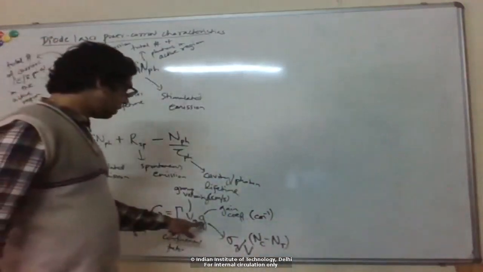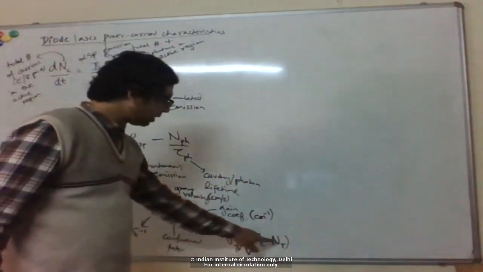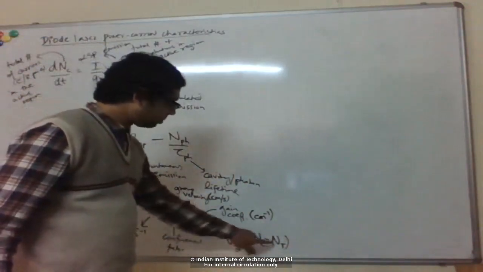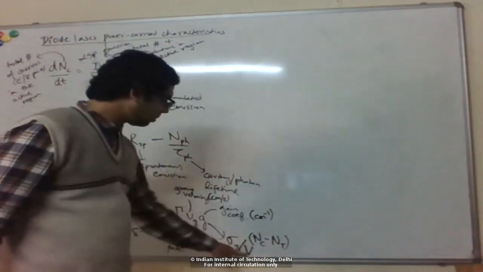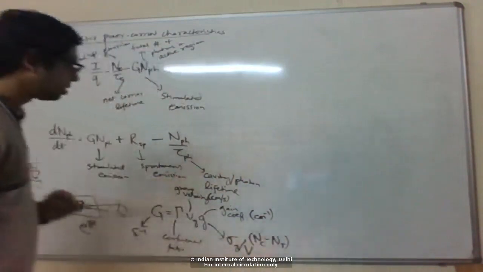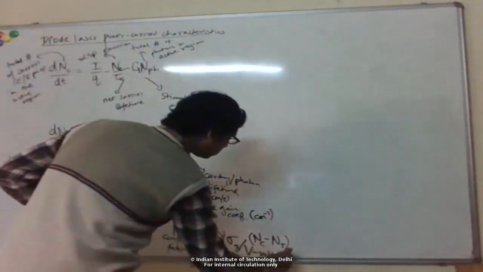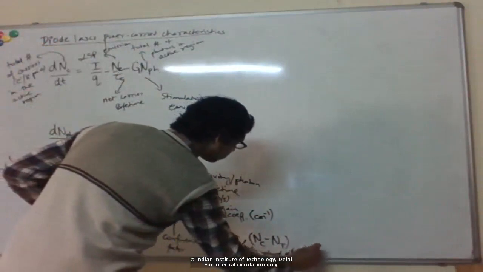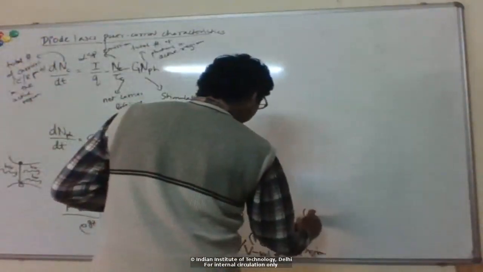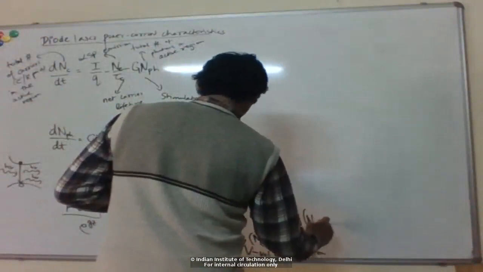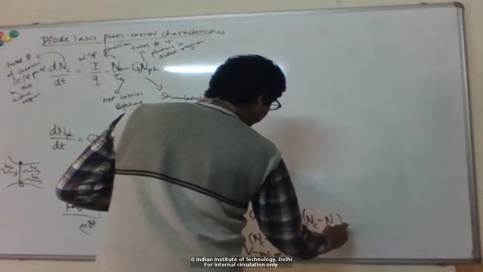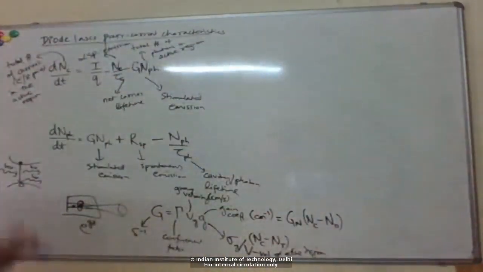So we saw last time that G was some cross section multiplied by my carrier concentration minus a transparency concentration. I've divided by volume here, the volume of the active region, so that this is now the total number of carriers. So you can see that this capital G I can write as some constant times the number of carriers in the active region minus some constant carrier number there.